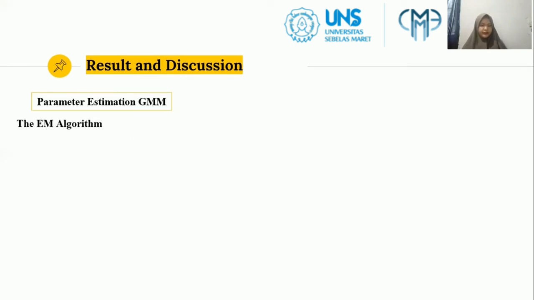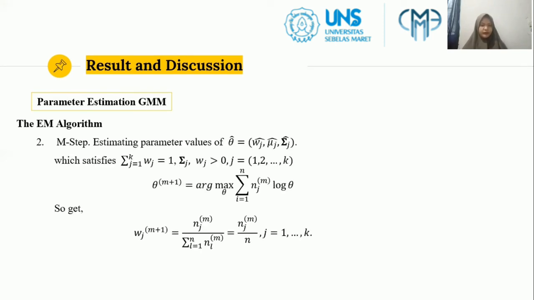The second is the M step, or maximization step, estimating the parameter value of theta, which satisfies the sum of Yg equal to 1, the sum over g, Wg more than or equal to 0, and g from 1 until K. We can get the estimate of theta like this.